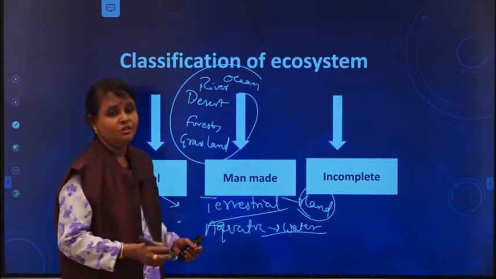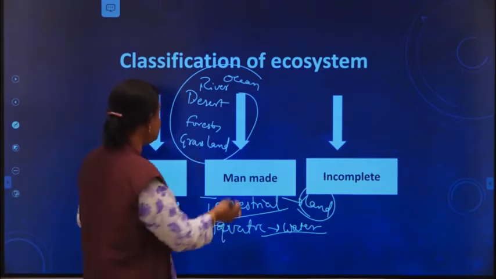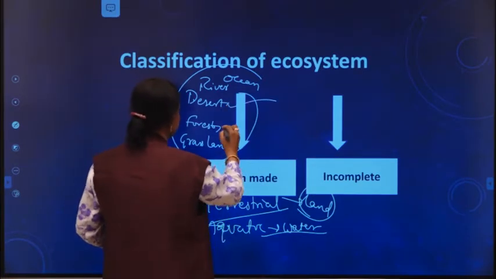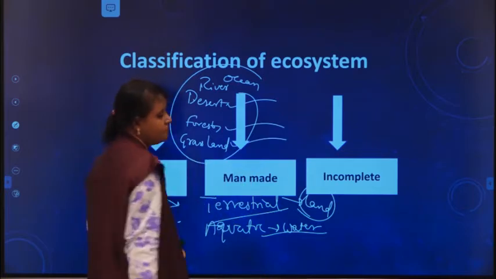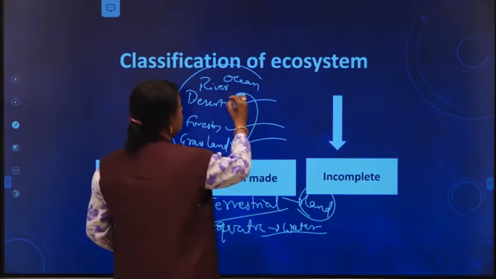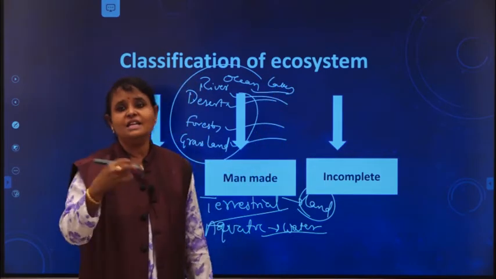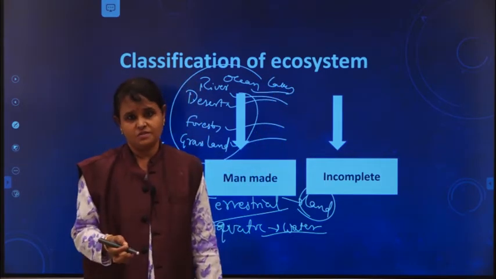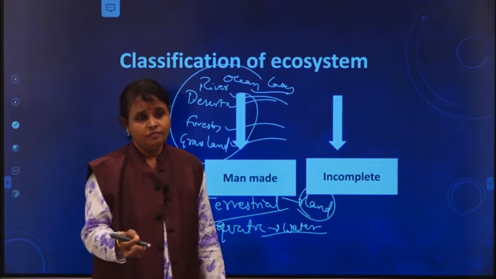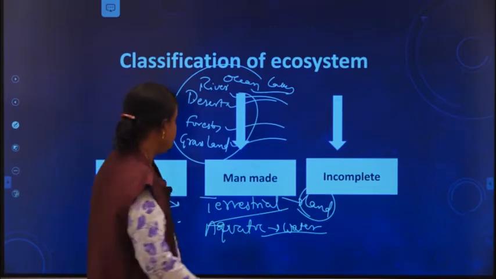What examples can you give here for terrestrial? If they ask you terrestrial ecosystems, you have to give desert, forest, grassland. Ecosystems on land. Aquatic ecosystem means river, ocean, lakes, ponds. All these are examples of aquatic ecosystems. Right? So that is about natural ecosystem.